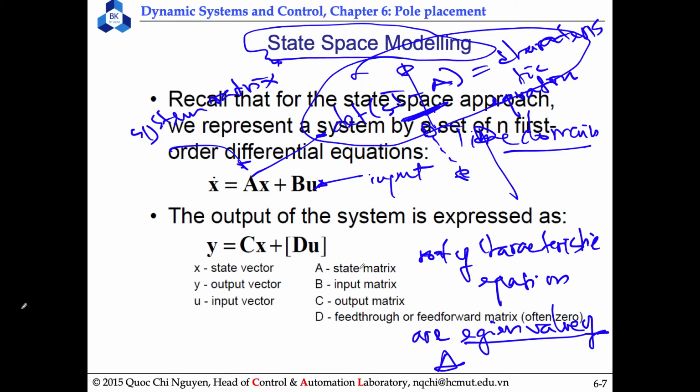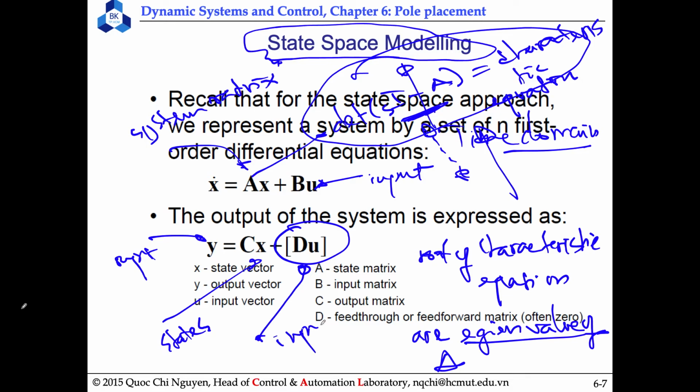In this course we do not consider this output part. The output, if we follow this equation, has two parts: this part is the output including the state of the system, and this part includes the input of the system.